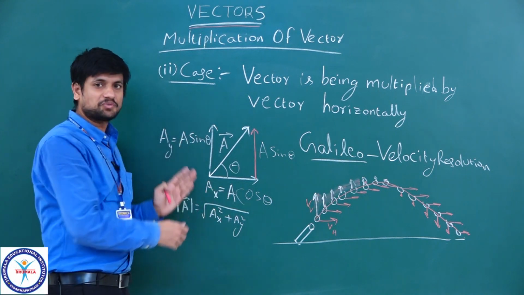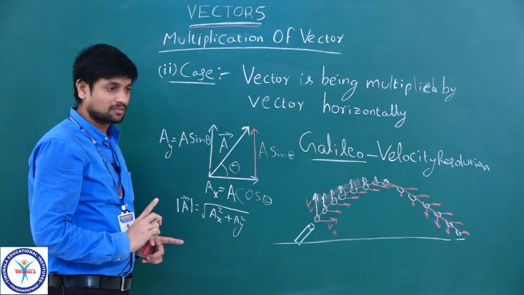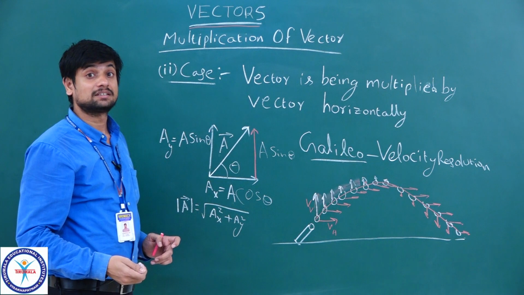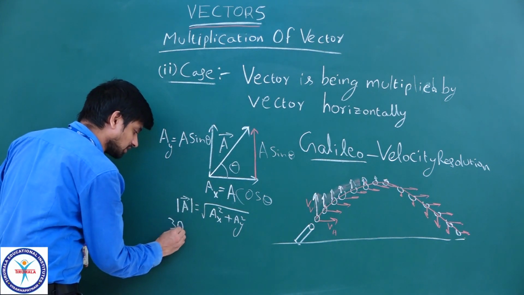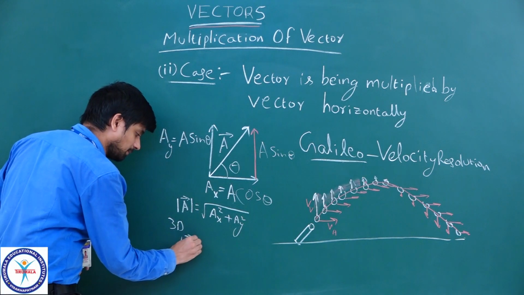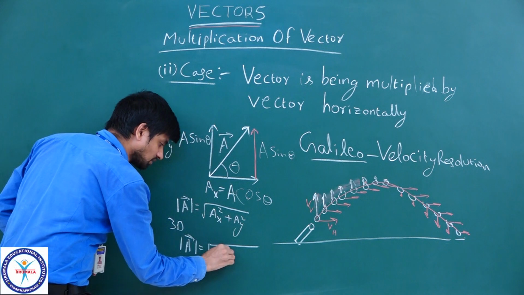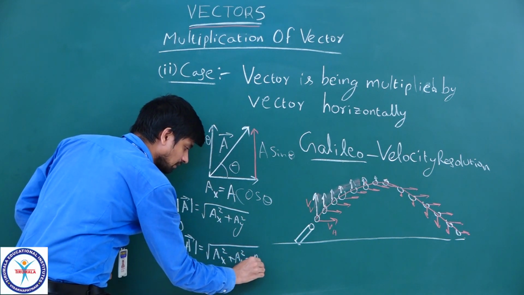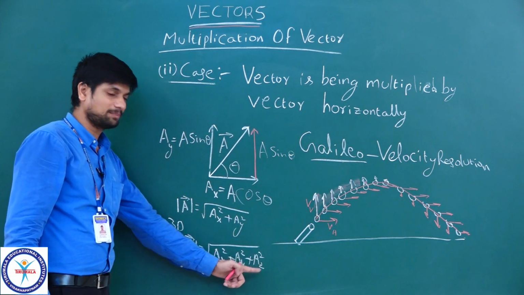This is for how many dimensions? X axis and y axis. Use the third one, the z axis. In three dimensions, the magnitude of A becomes the square root of Ax square plus Ay square plus Az square.